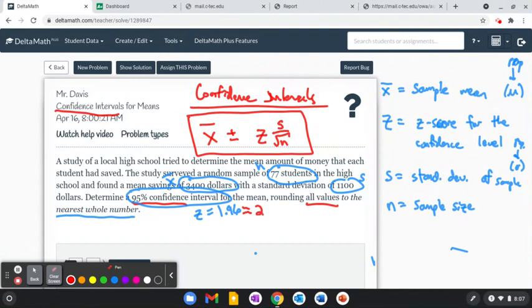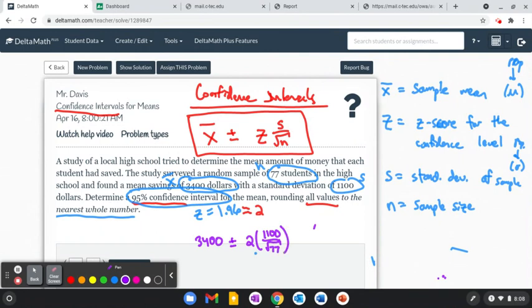Okay, so let's go ahead and do a problem. Let's set it up here. We're supposed to do x bar as our first one, so that was 3,400 plus or minus. And then we do our z. Now we're rounding to the nearest whole number, so it's going to be 2. And then s was 1,100, so I'm going to do 1,100 over the square root of n, our sample size, which was 77.